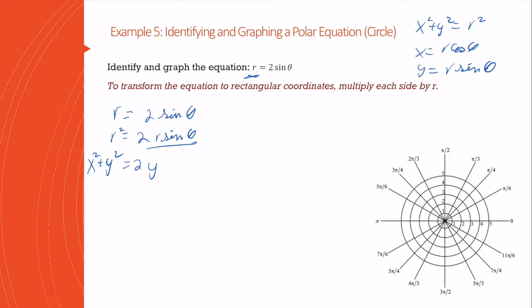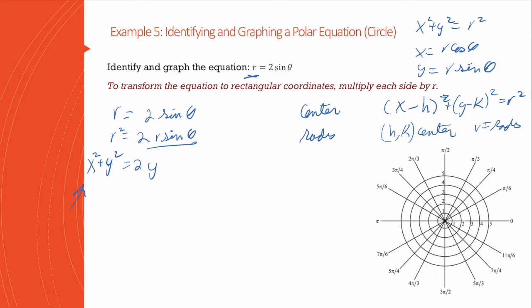Now I'm going to solve for this circle so I can graph it. I need to find its center and its radius. Remember that the general form of a circle is x minus h squared plus y minus k squared equals r squared, where r is our radius and (h, k) is our center, and that's going to help us graph this circle. So I have x squared plus y squared minus 2y equals 0, and I'm going to use the method of completing the square.